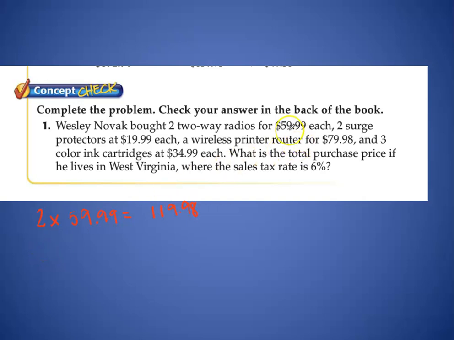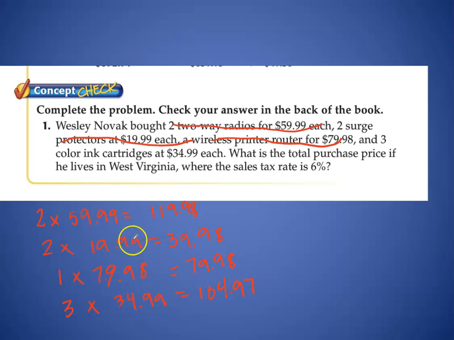Then 2 surge protectors, so 2 times $19.99 gets me $39.98. I'm going to cross that off. A wireless printer, so I do 1 times $79.98. I have too many decimals there, so that's just $79.98. And 3 color ink cartridges at $34.99 each, which would get me $104.97.